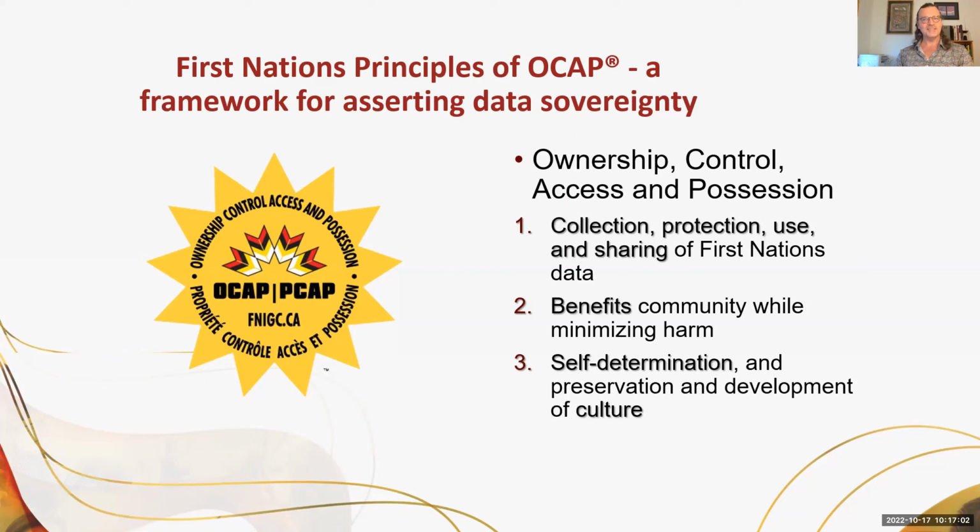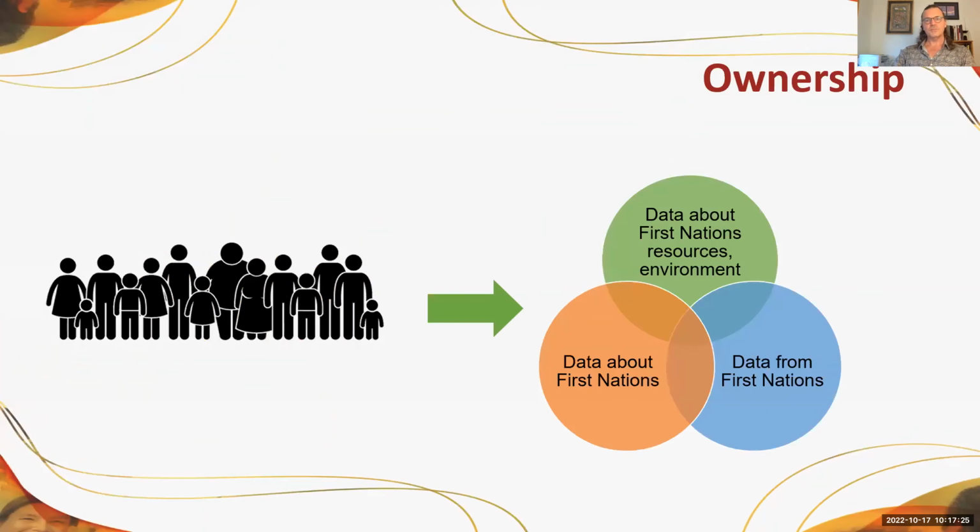This means that data needs to be used for the benefit of communities themselves in ways that communities identify, that others don't determine, hey, this is going to be good for you. The communities themselves are making that decision. And it's also an expression of self-determination and the preservation and development of culture in terms of self-governance and self-determination as well.